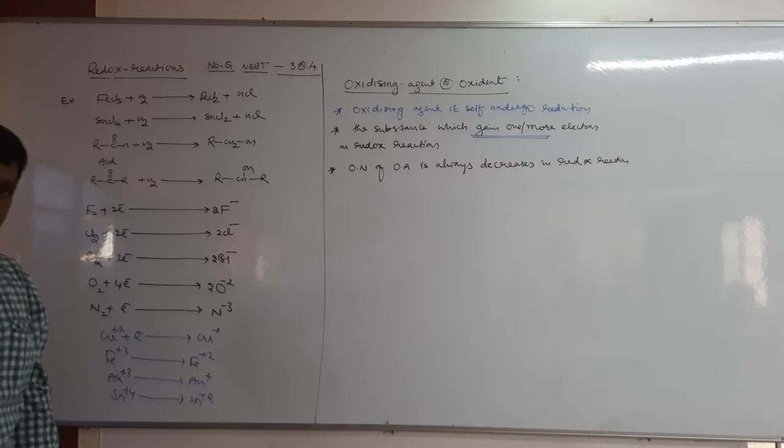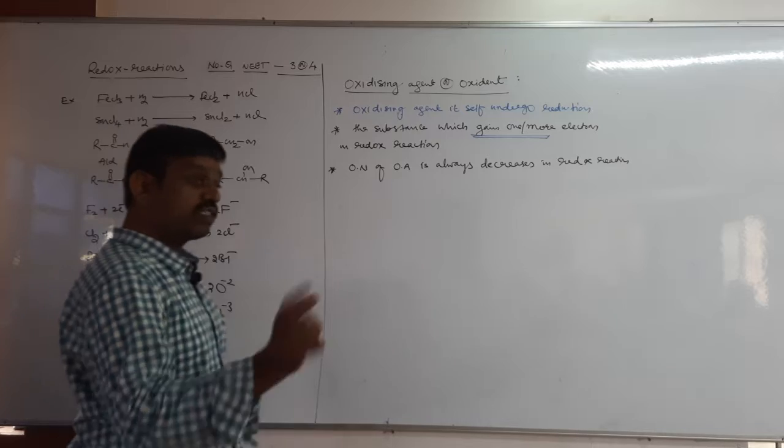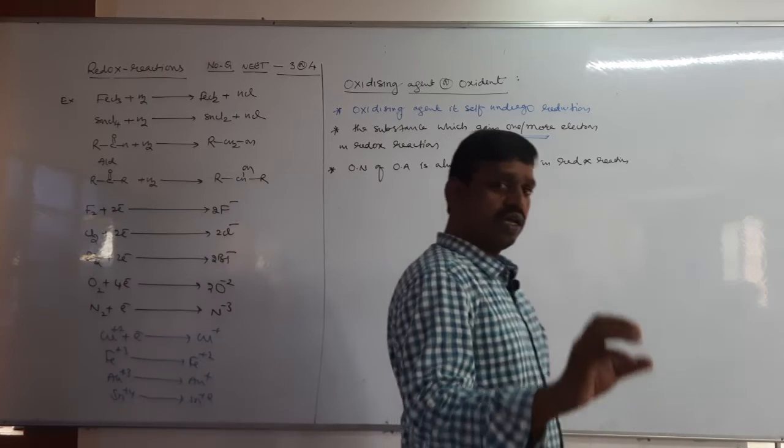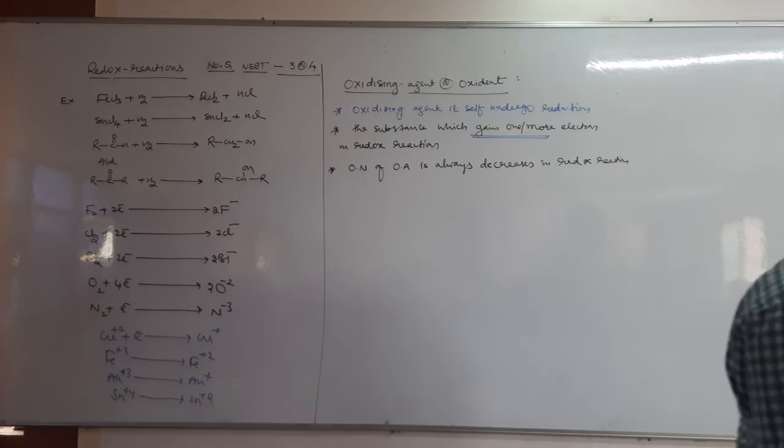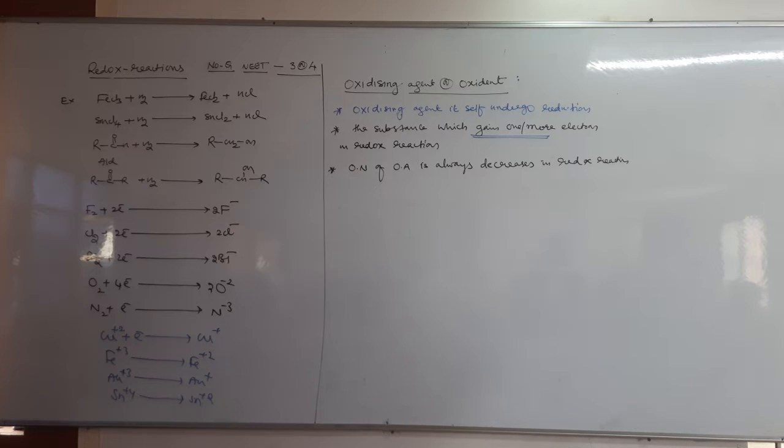Okay, next. Then oxidizing agent. See, usually the use of oxidizing agent is that the oxidizing agent oxidizes other substances. How, why, we will study later. Right, one more point.